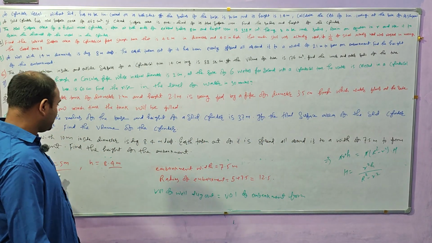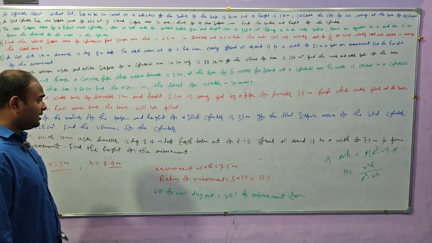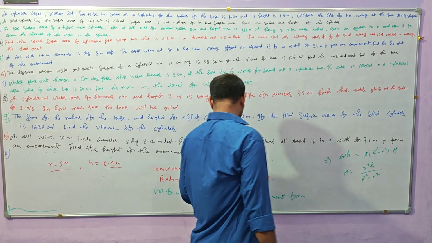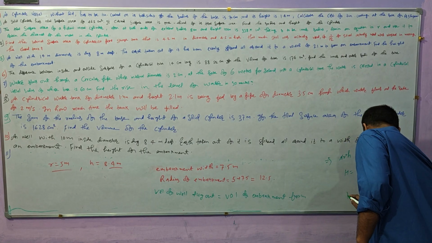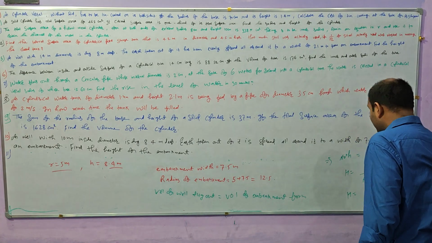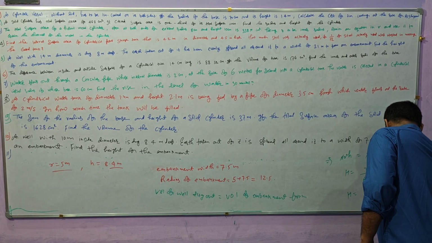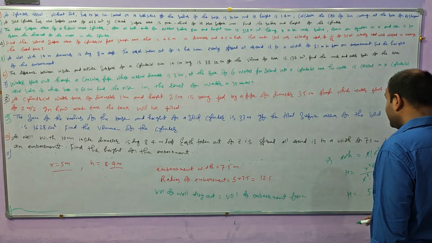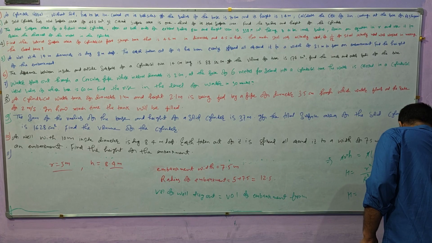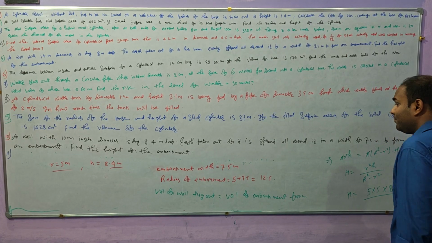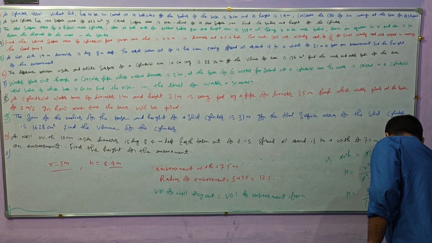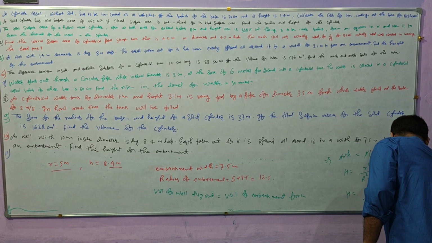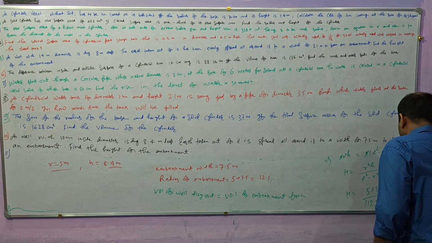The radius of the well is 5 meter and the radius of the embankment is 12.5 meter. So H is equal to 5 into 5 into 8.4 divided by 12.5 square minus 5 square.